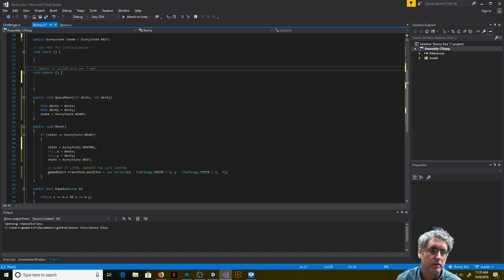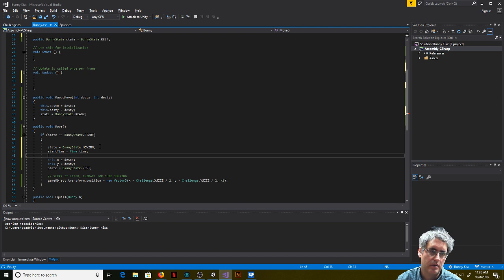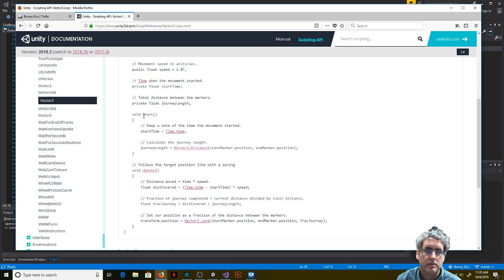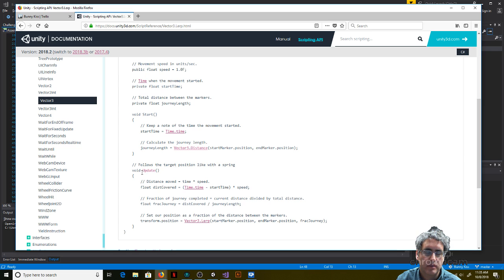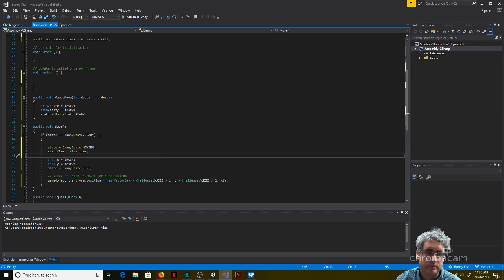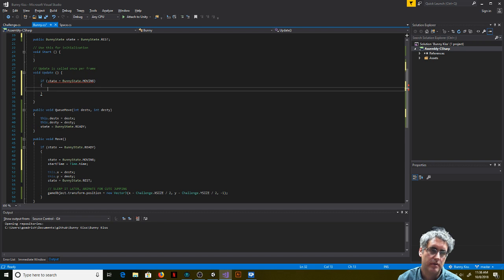Say moving, we're going to say moving equals time.time, right? Yes. If state equals bunny state moving, then we're on the move, and we started our timer, right?